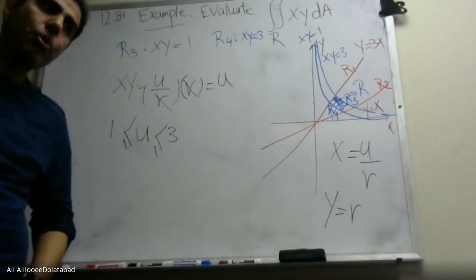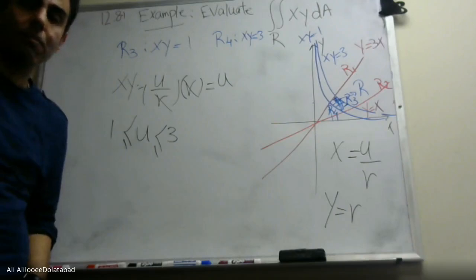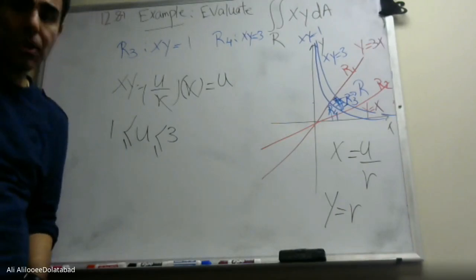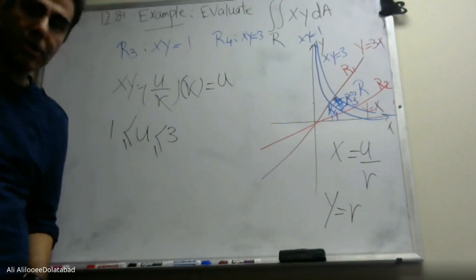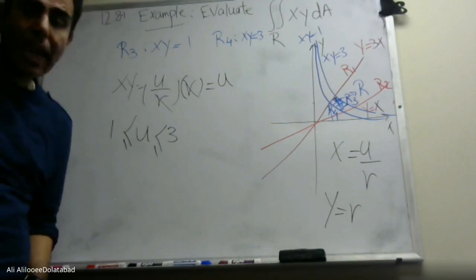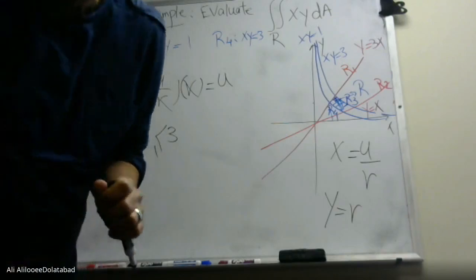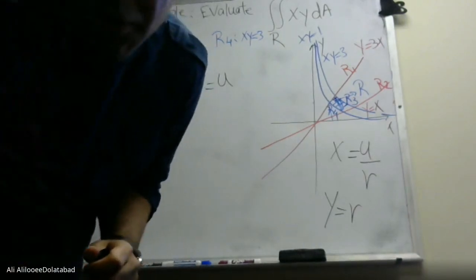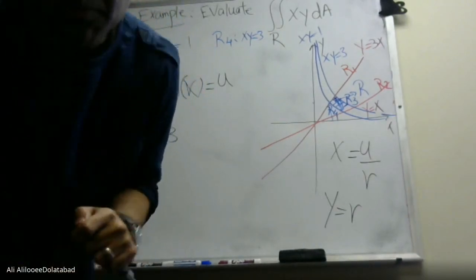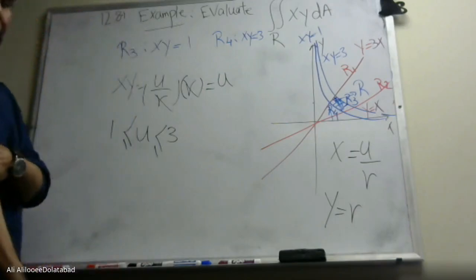In the test, for some questions an appropriate transformation is given, and sometimes you have to find it. For this question, since we just started, I gave you the appropriate transformation. We will solve a question where the transformation is not given. You're very welcome. Any question?